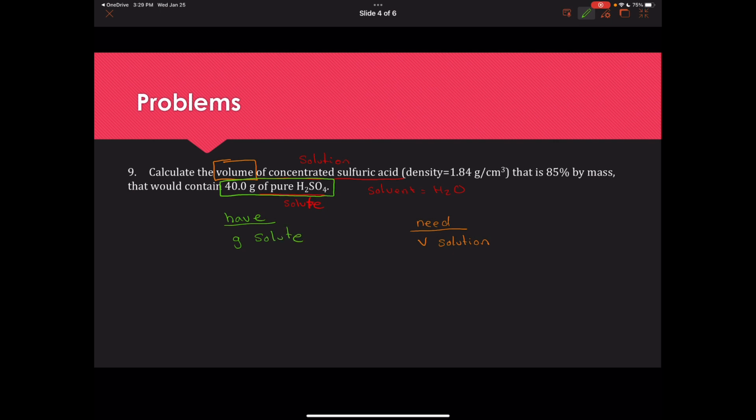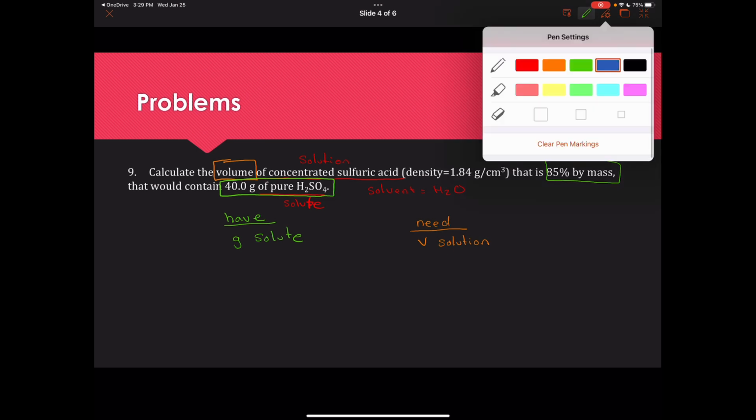So similar to our other problem, we need a relationship between the solute and the solution. And solutes and solutions are always related through concentration. The concentration that I have is a mass percent concentration. So in order to get the volume, I need to go through mass.